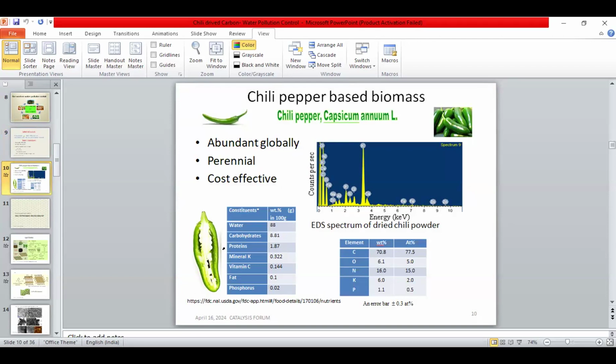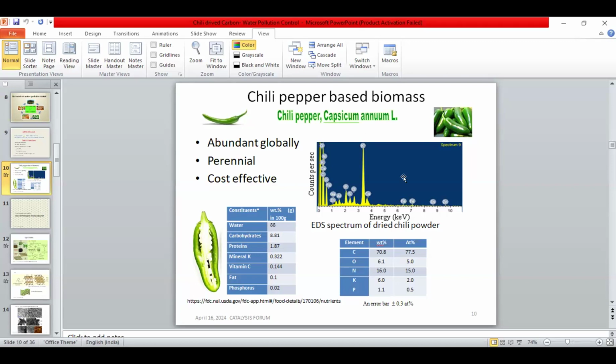The composition of chili is nearly 90% water, nearly 9% carbohydrates, some proteins, and the main elements are mineral K and vitamin C, and some fats and phosphates, but there are many minor elements present too.